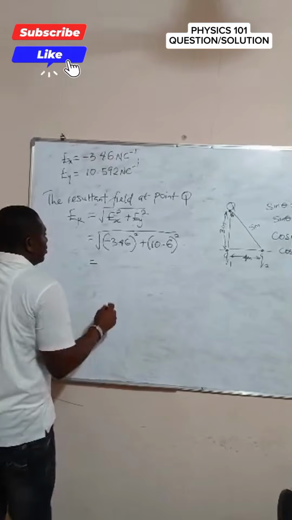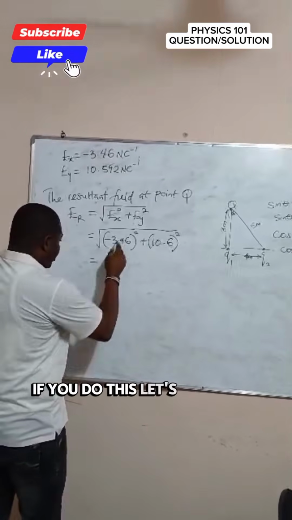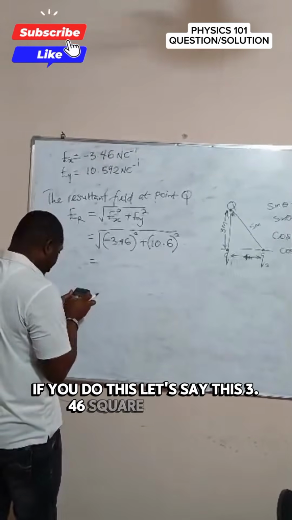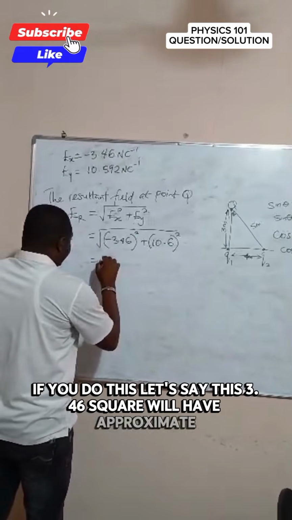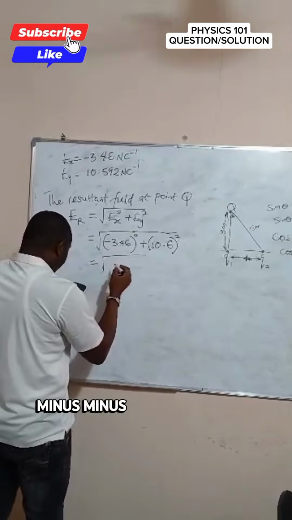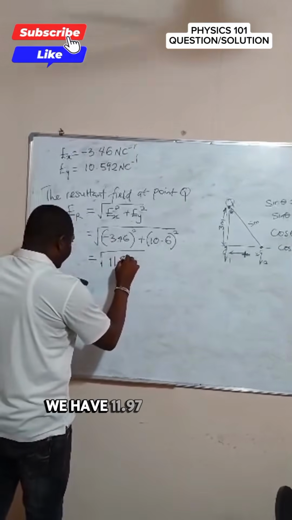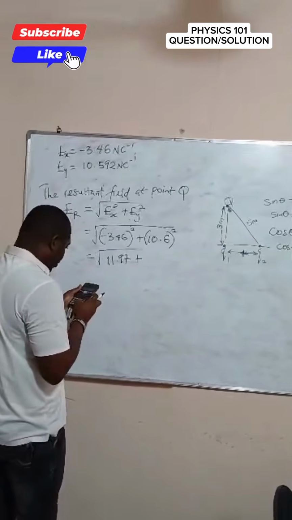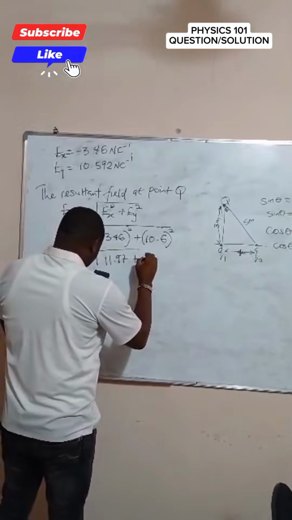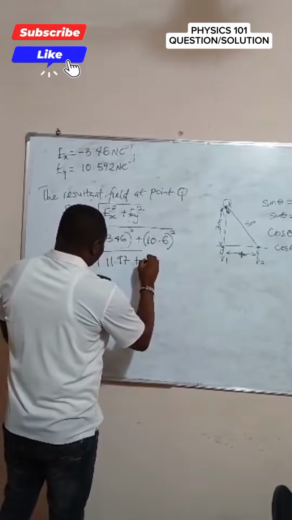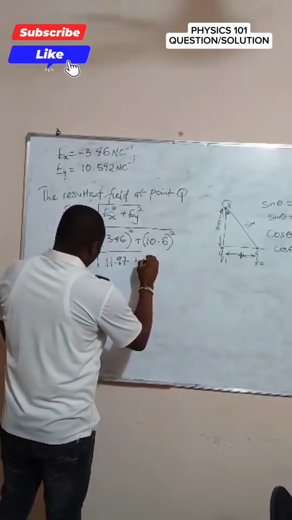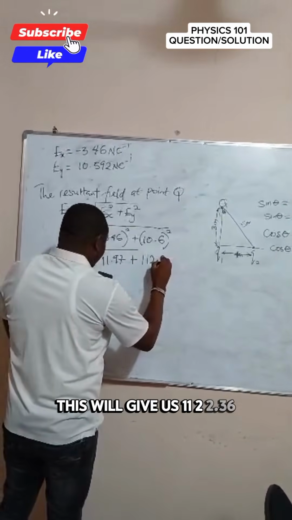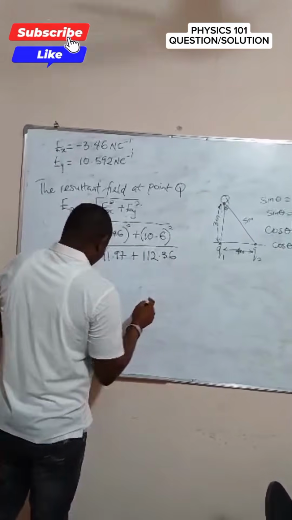If we do this, 3.46 squared, minus times minus gives us plus, approximately 11.97, plus 10.6 squared, which gives us 112.36.